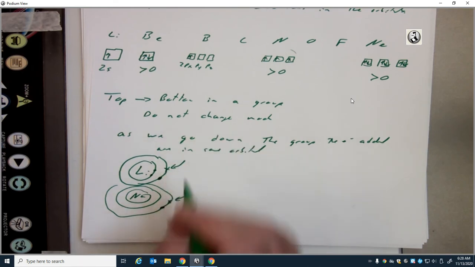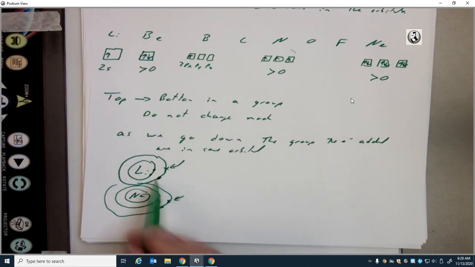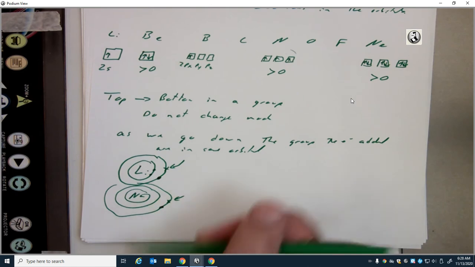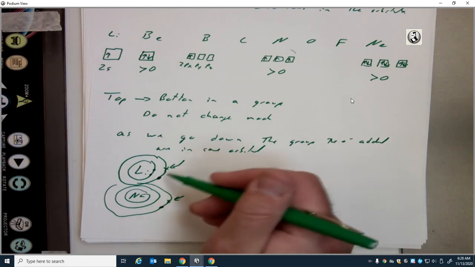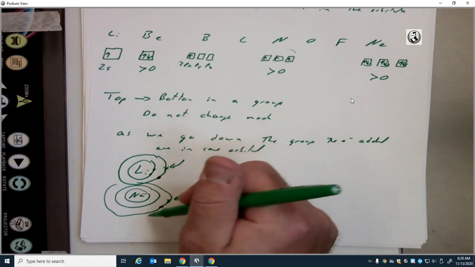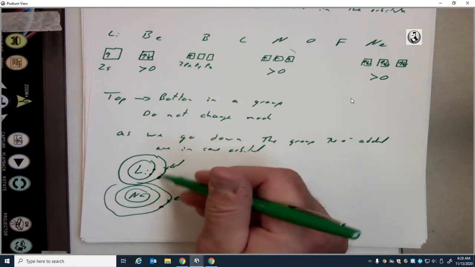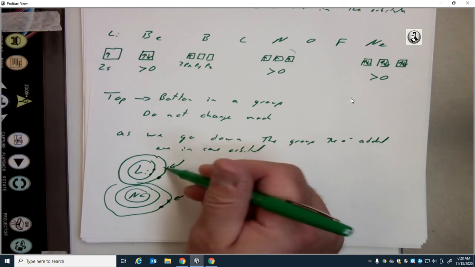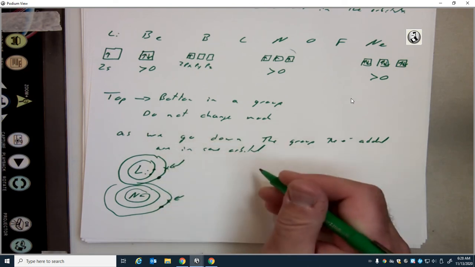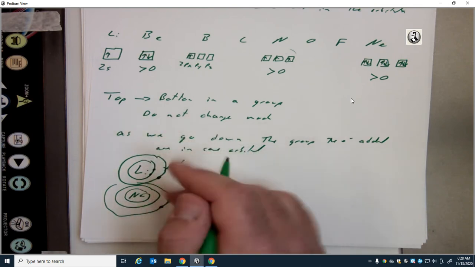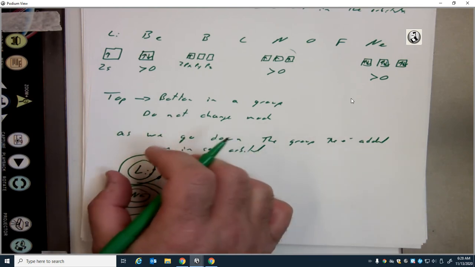Now notice, we got one electron in here and one electron in here, and as we go down, we always have that one valence electron. So there's a couple things that we're doing. When we add this electron, remember, this atom gets bigger.